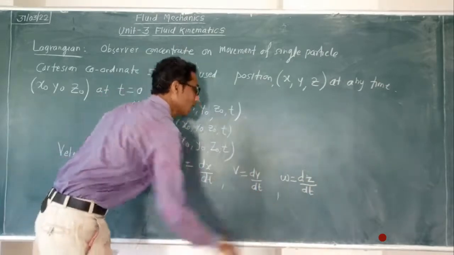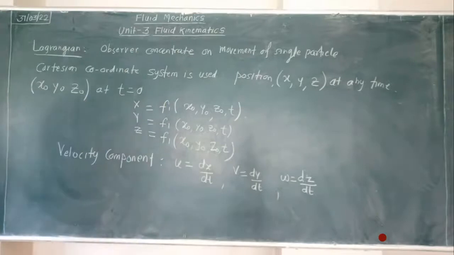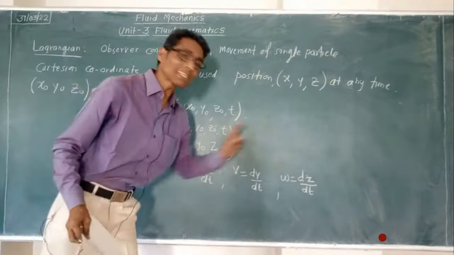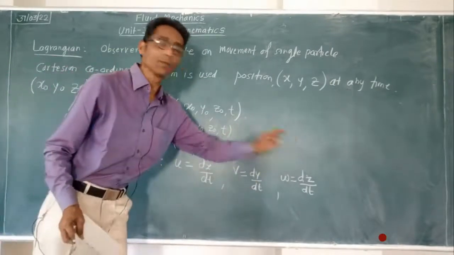So these three are the velocities of the fluid particle along x, y, z direction: velocities u, v, w.